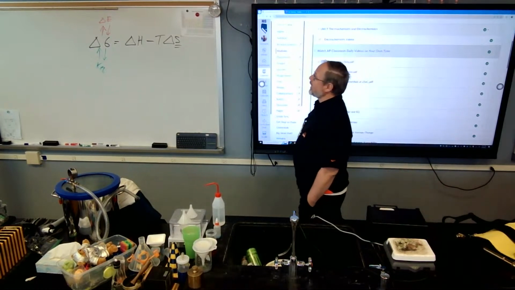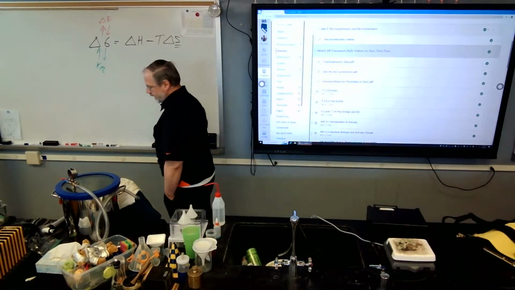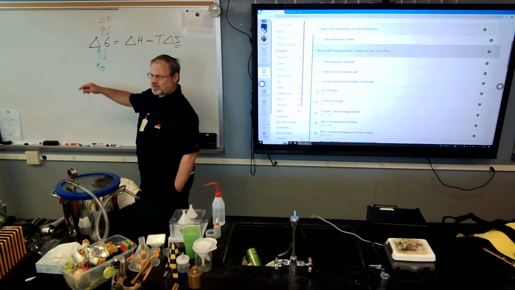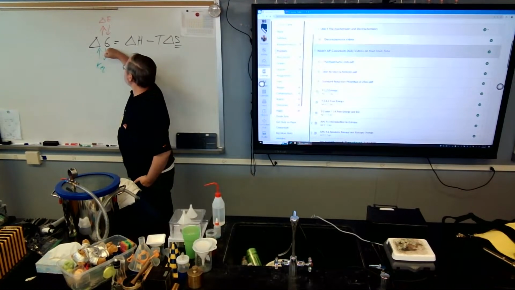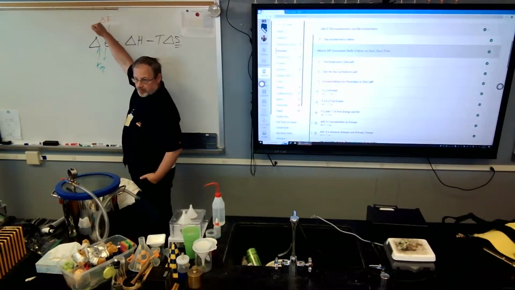So since it did that, the AP said decades ago, you know, they really should know equilibrium before they learn Gibbs free energy. And they need to know Gibbs free energy before they can do electrochemistry.